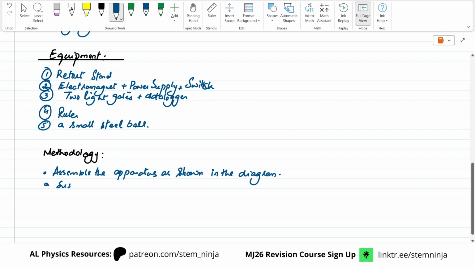Suspend the steel ball using the electromagnet powered by a power supply.